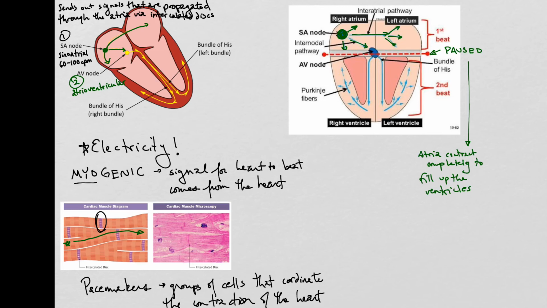This helps to create a delay, because the signal travels slower. And that, once again, is to allow the atrium to completely empty down into the ventricle before the ventricle pumps.